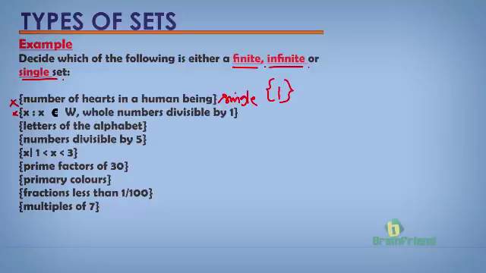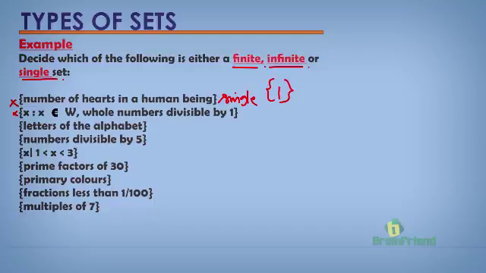The set of x such that x is an element of W, the whole numbers, where the whole numbers are divisible by 1. Every number we can imagine from 1, of course not 0, but from 1 upwards, is divisible by 1.